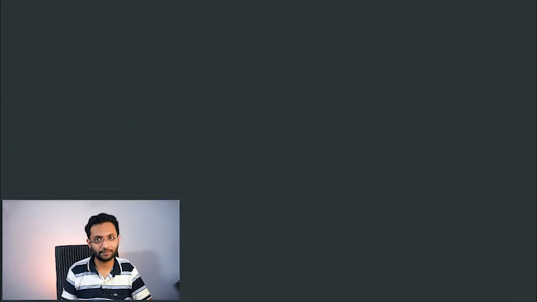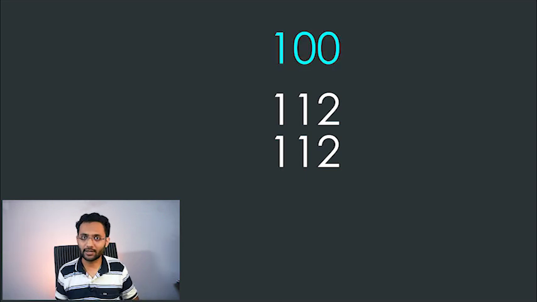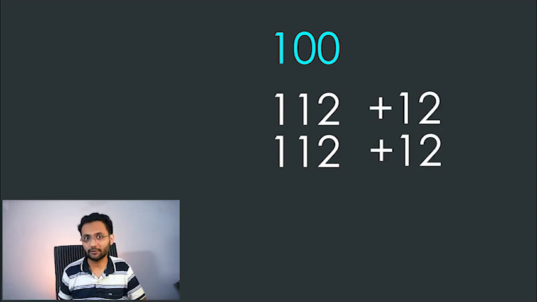For example, let's find out the square of 112. Write 112 two times, because to find out square, you multiply the number with the same number, right? Now the base is 100 because 112 is near to the number 100. So 112 is 12 more than 100. So we write plus 12.